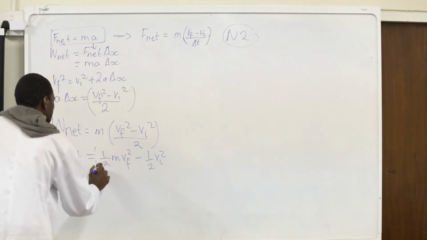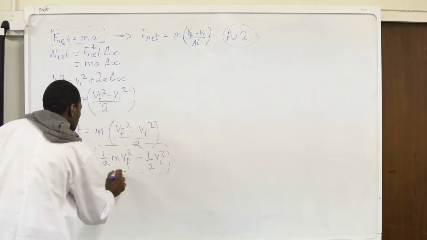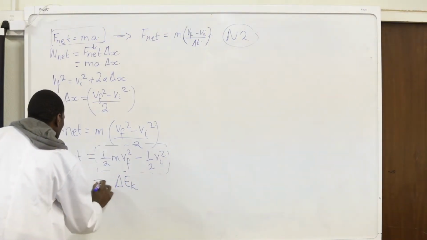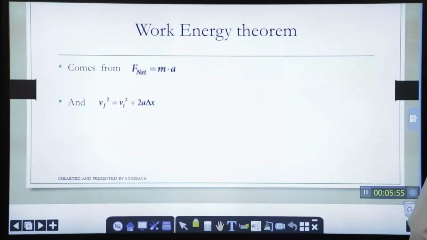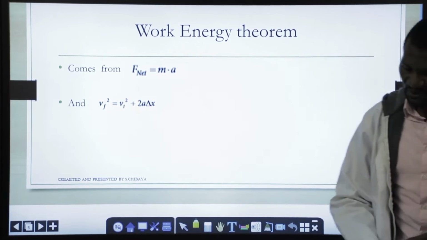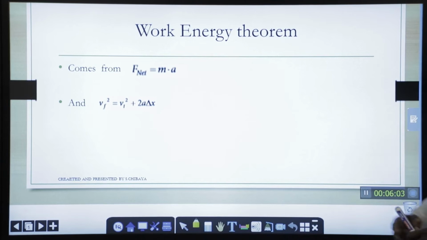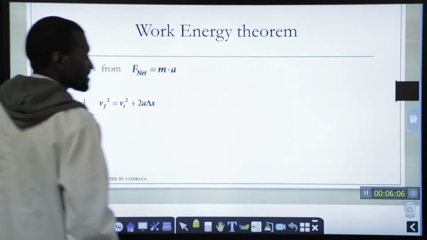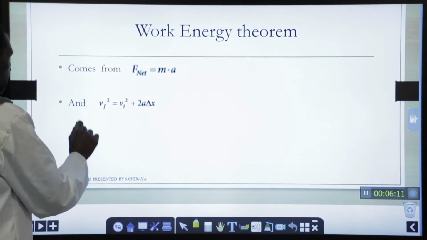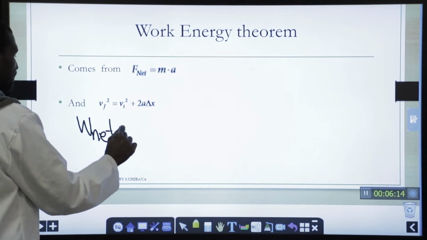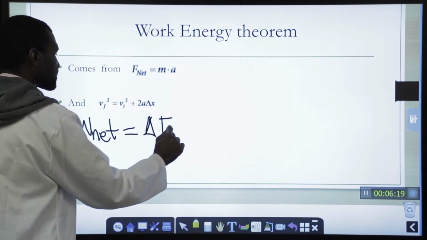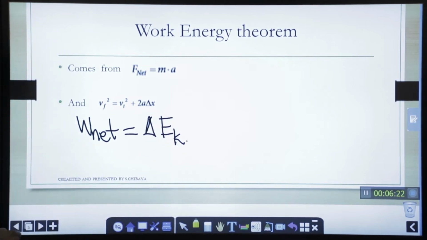If you look at this, what does it show you? It shows you a change in Ek. So therefore, W net is equal to change in kinetic energy. Voila! We have shown what we now call the work energy theorem, which states that the net work done on an object is equal to its change in the object's kinetic energy.